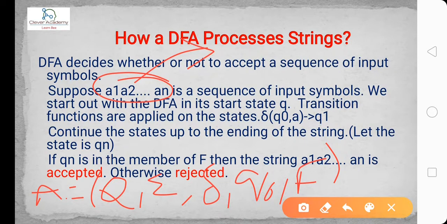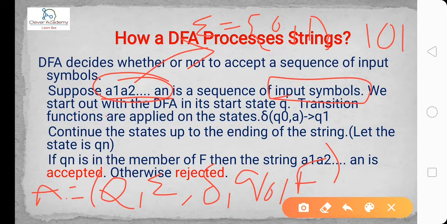Now I want to identify whether my string, given a1, a2, an as a sequence of input symbols, is accepted. Suppose the input symbol set sigma is 0 comma 1, so the string may be 1011.